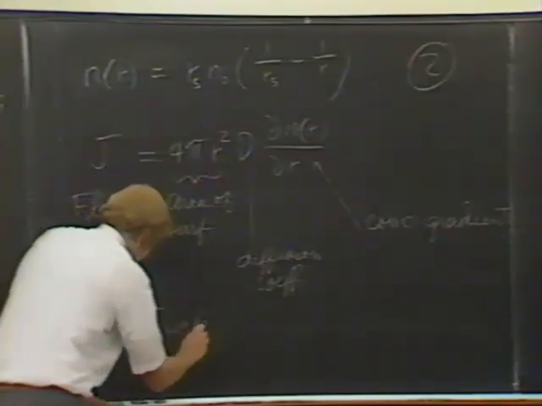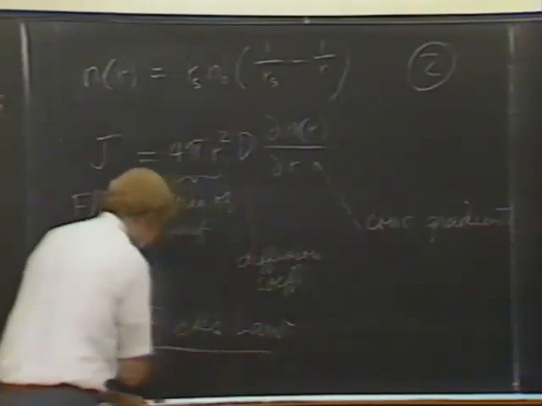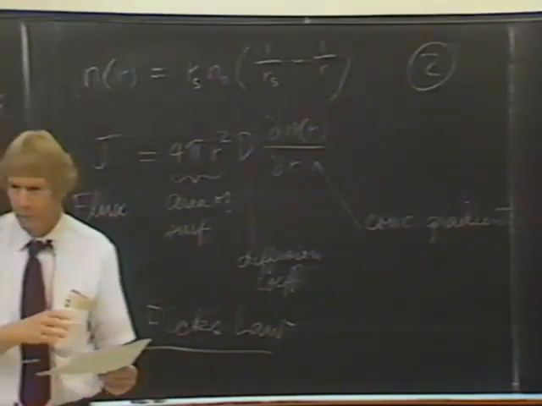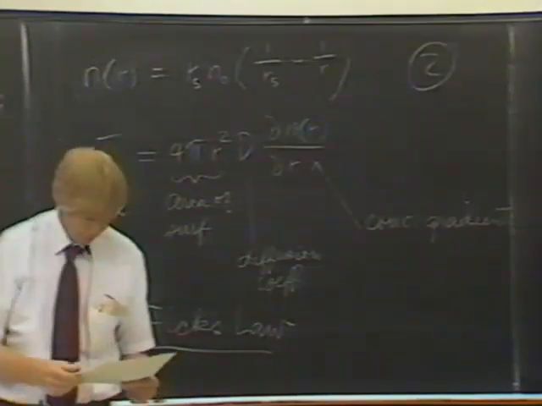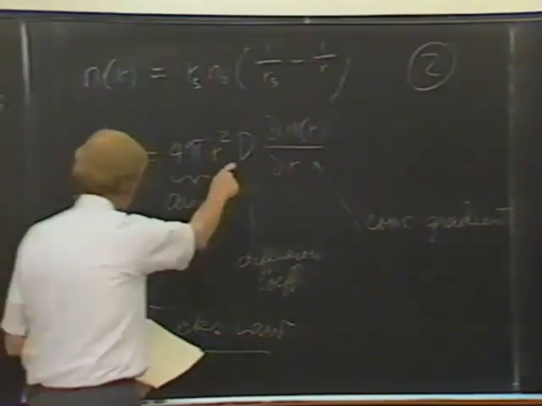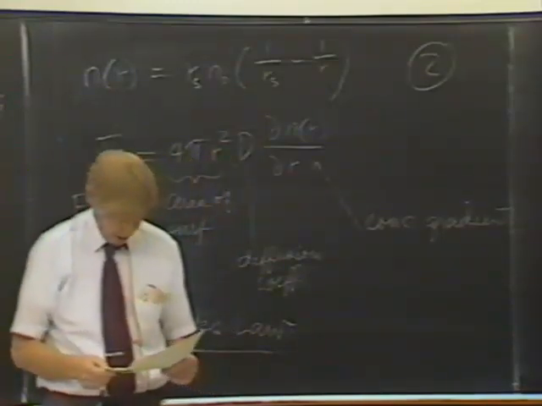That is, particles migrate down a concentration gradient, and the rate of migration is proportional to the concentration gradient. We'll call this 3.